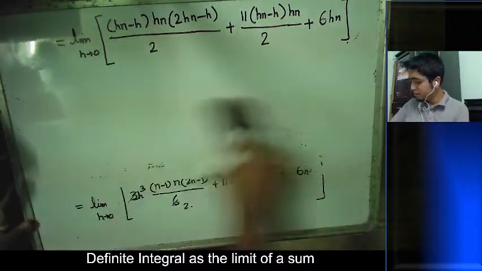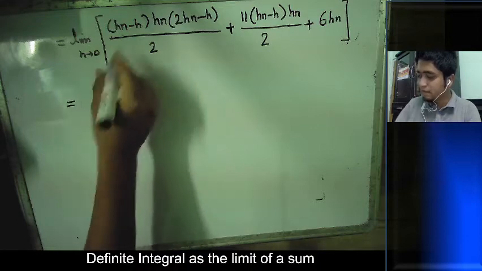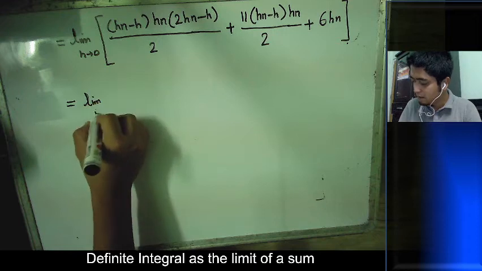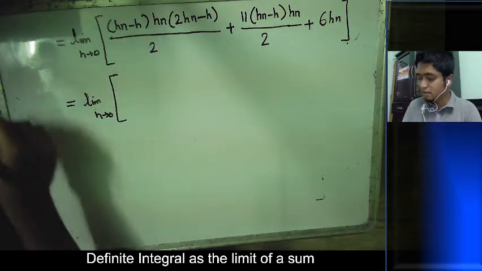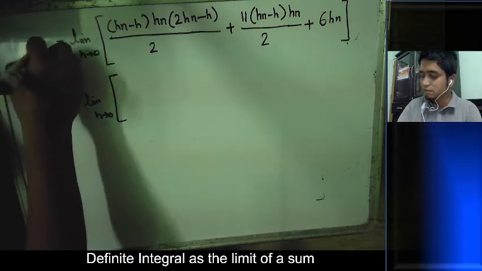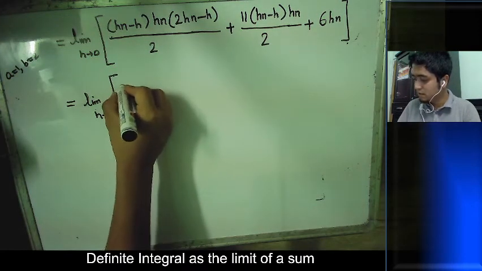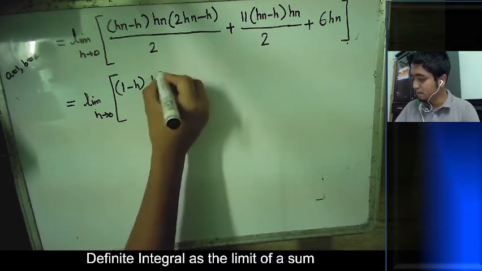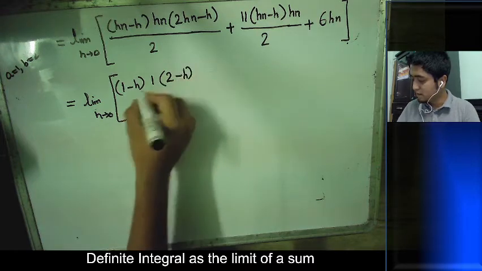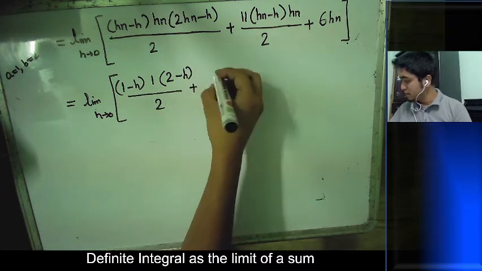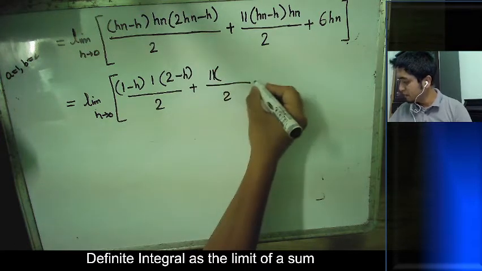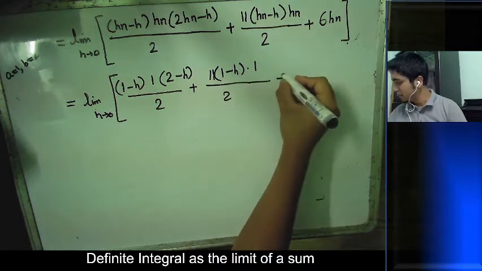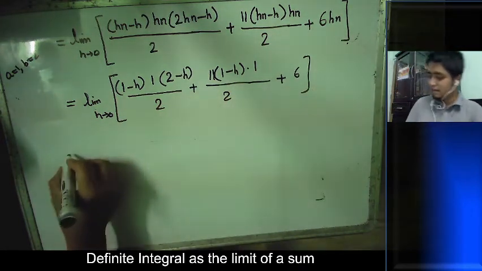Now after doing this, we just need to substitute the values of hn. hn is equal to b minus a, right? a was equal to 1, b was equal to 2, so we'll be getting 2 minus 1, which is 1. So hn will be equal to 1, giving 1 times (1 minus h) times (2 minus h) divided by 2. Similarly over here we'll be getting 11 by 2 times (1 minus h), hn being 1. And 6, we can write it in that way.